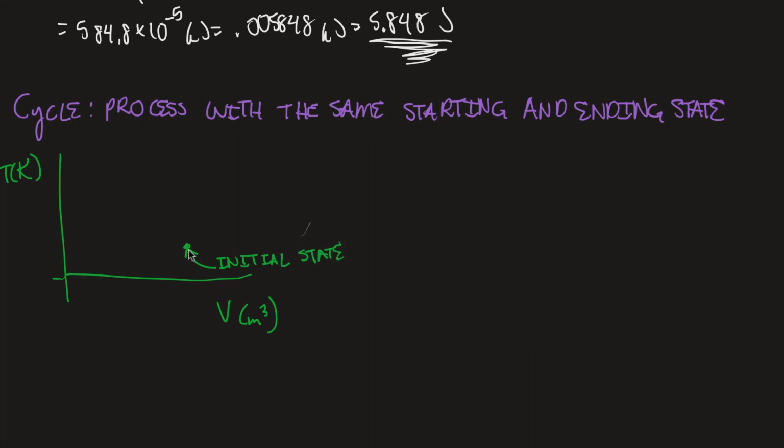So this has some volume, and we might have some other state that also has some sort of volume. And previously we had one single process, right? But a cycle is a process with the same starting and ending state. So we have to go back to this initial state. And again, this one was the process path.